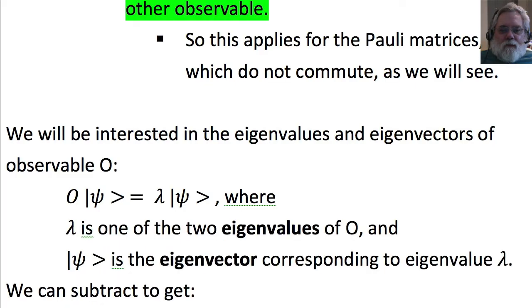Now we're going to be interested in the eigenvalues and eigenvectors of any observable O that we're interested in. Well, what are eigenvalues and eigenvectors? We talked about this earlier in the course. We did eigenvectors and we did eigenfunctions and eigenvalues of the Schrodinger equation.